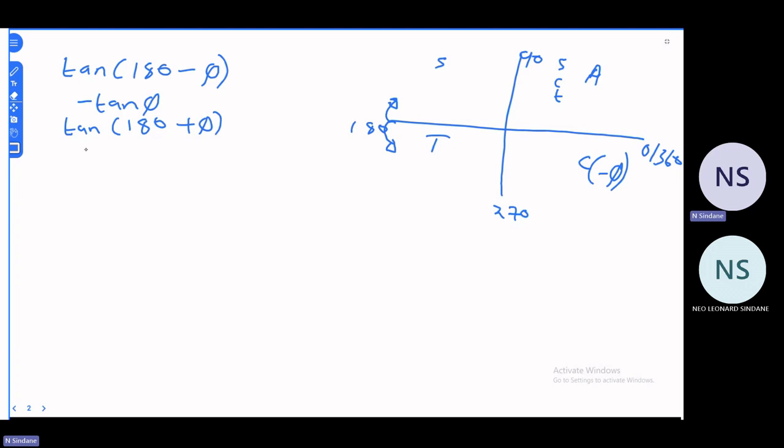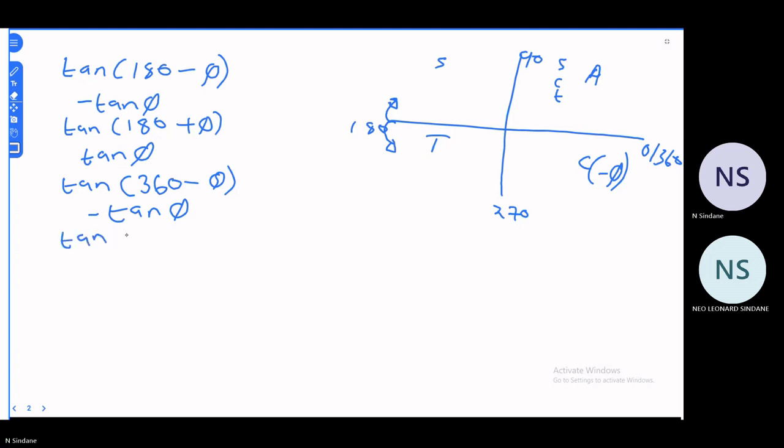Therefore, in this case, our tan will be positive, right? Now, let's say you're coming to tan of 360 minus theta. 360 minus theta, we're coming back to the fourth quadrant where only cos is positive and where we find our negative angles. So in this case, our tan will be negative tan of theta, right?